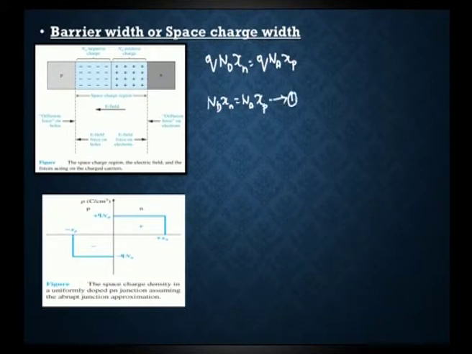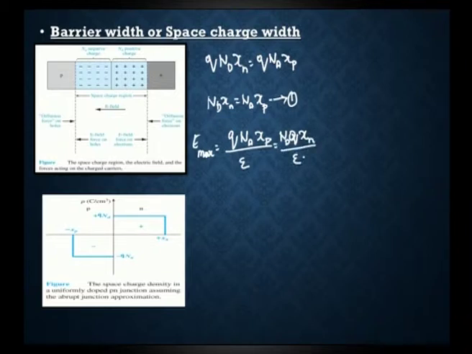This is equation 1. We also know that Emax, the maximum field, can be written as q Na Xp divided by epsilon, which is equal to q Nd Xn divided by epsilon.